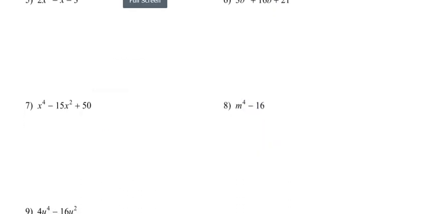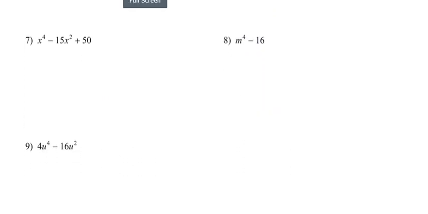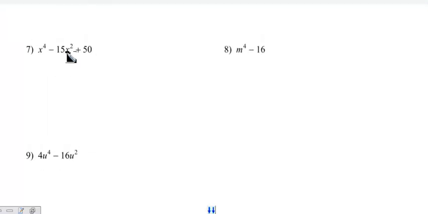All right, these last three examples show us how sometimes we have to think a little bit outside of the box. In number 7, something doesn't look right. It's the exponents. I have something raised to the 4th power and something squared. It is okay though.